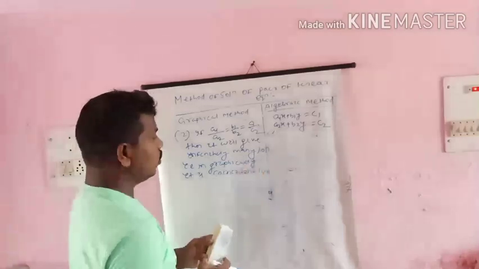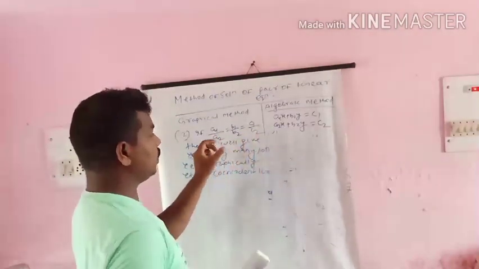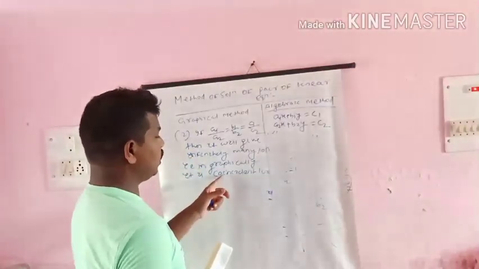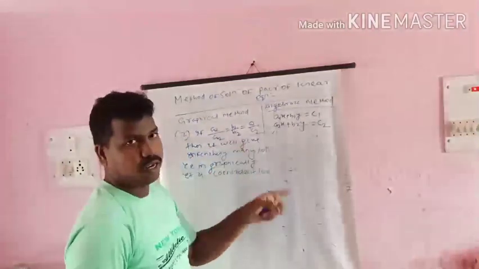Coincident line means one line lying on another line. Two lines become one single line. That is known as a coincident line. That means the two lines meet as one line.